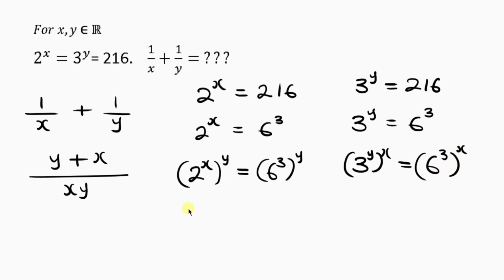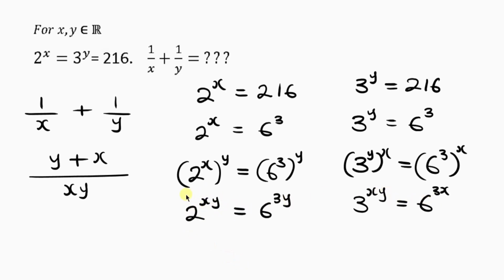Now this becomes 2 to power x times y is what? xy, equal to 6 to power 3 times y is what? 3y. So this is going to give us 3 to power y times x is xy equal to 6, 3 times x is 3x. So everything is looking well and good. So our next step is for us to multiply this expression by this.